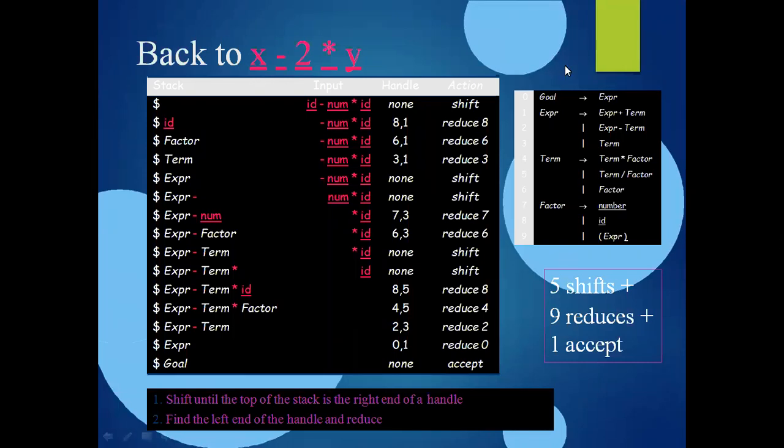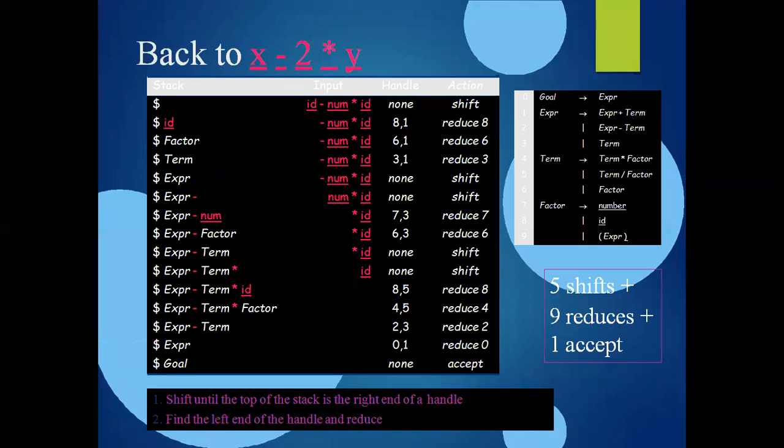If you get confused by writing the handle with the numbers, just leave it. No need to write the handle column. Just with the stack, the input buffer and the actions, you can represent the tree. This is the stack implementation in shift reduce parsing.